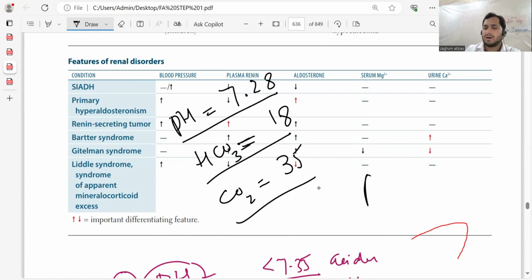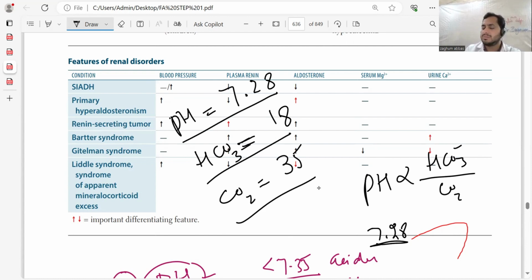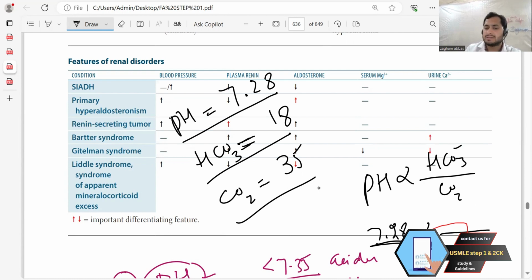Again apply the formula: pH, bicarbonate and carbon dioxide. pH is 7.28, it means that is acidotic pH.